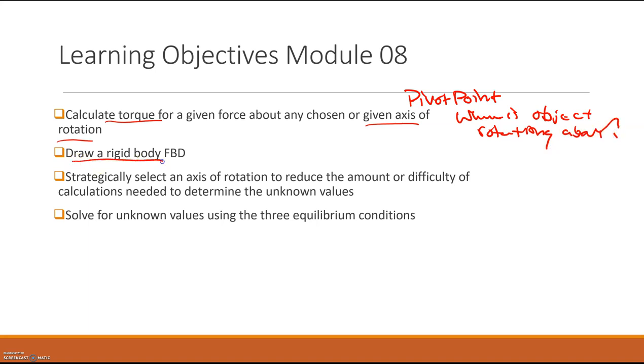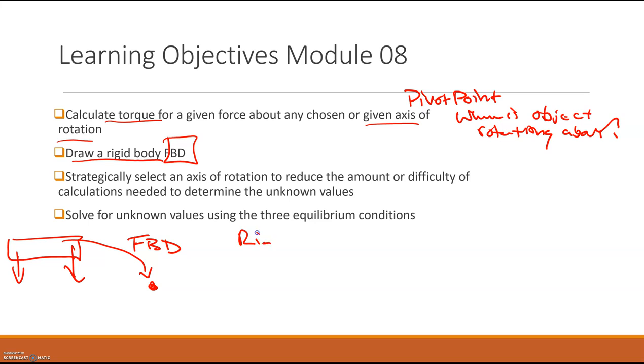Draw a rigid free body diagram. So here's that word again, free body diagram. This pops up. So basically what that means is we're just going to be including the whole object. So for an FBD, we have just a point for, say, a piece of wood and forces acting on it. The free body diagram, we would just represent that as a dot.